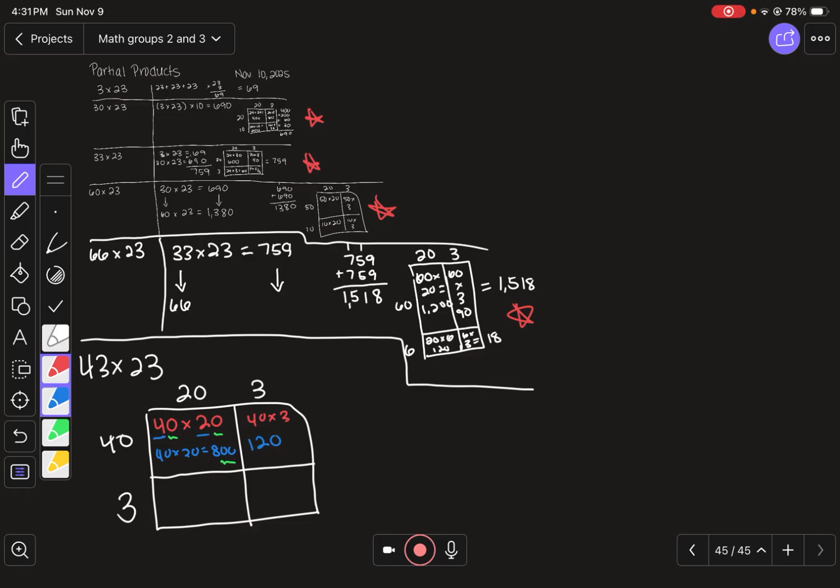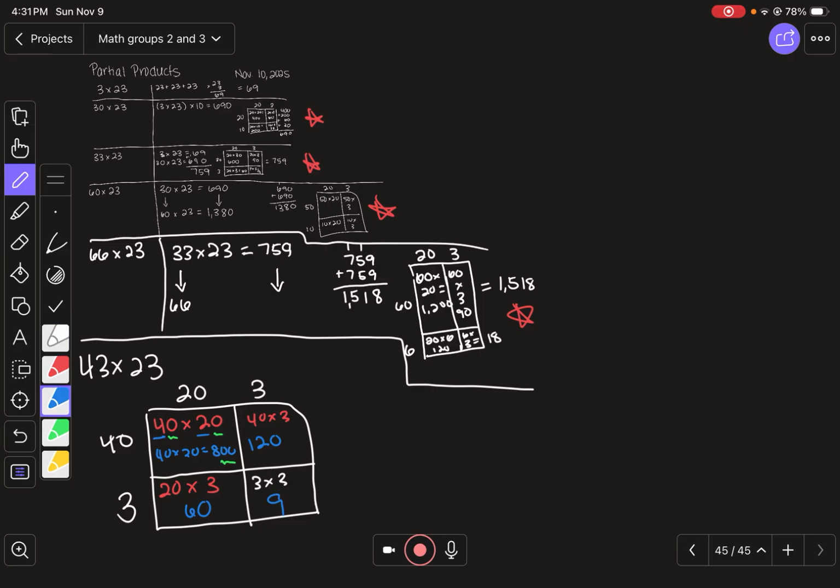The next partial product would be 20 times 3. So 2 times 3 is 6. So 20 times 3 would be 60. And then our last one, this guy always gets forgotten about, but he is going to be 3 times 3, and then we know that 3 times 3 is 9.